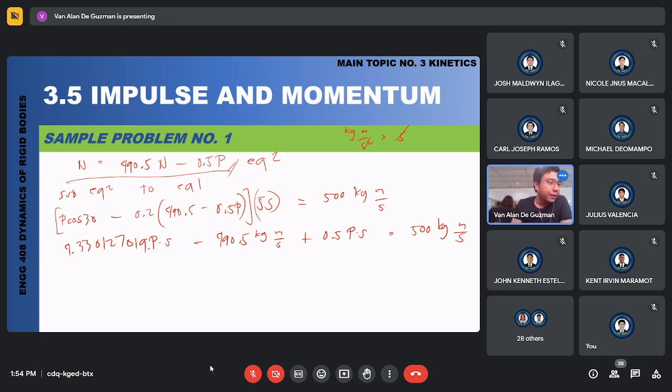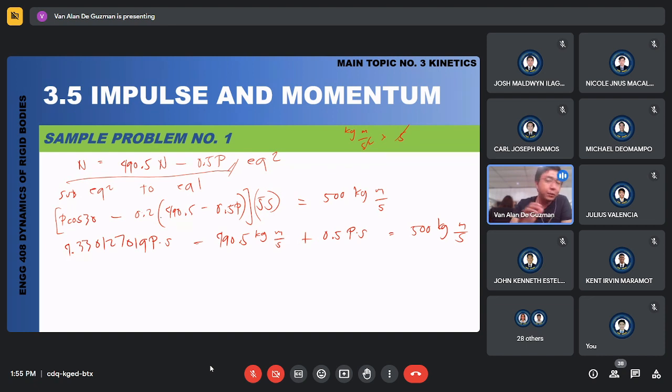This one is in terms of P with the unit seconds. This one has the unit kilogram meter per second, and it's a numerical value. So, substitute. Let's transpose this to the other side, add here, and combine this as well, and we get the value of P.